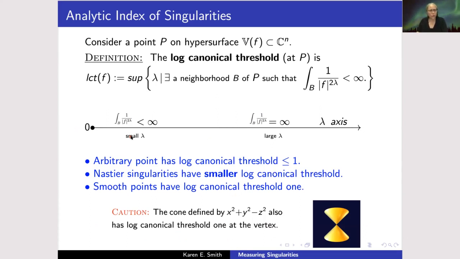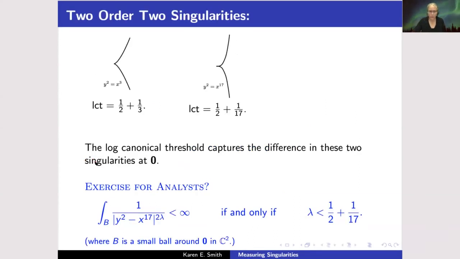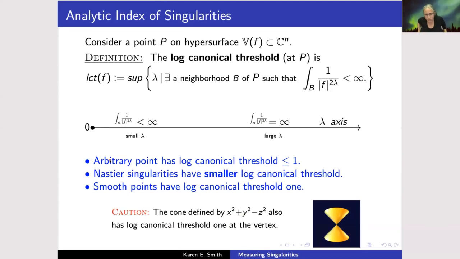So the log canonical threshold is just the cutoff point where the integral converges for lambdas less than that and diverges for lambdas greater than that point. And these three facts here highlighted in blue are not too hard to check, or they're more or less clear to probably most analysts, that an arbitrary point on a hypersurface will always have log canonical threshold 1 or less. 1 is kind of the best we could have, because that's what happens when the hypersurface is smooth, or when the point is a smooth point on the hypersurface.